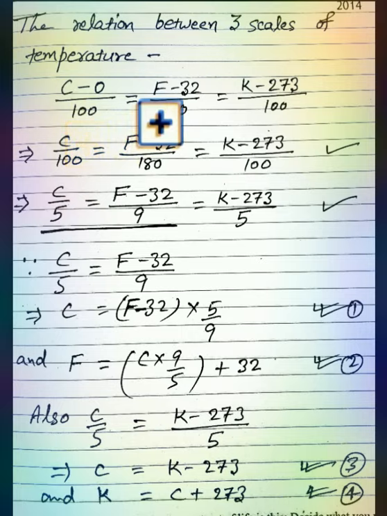Similarly, reading in Fahrenheit minus the lower fixed point, divided by the difference between the two fixed points.